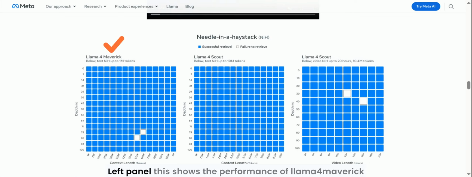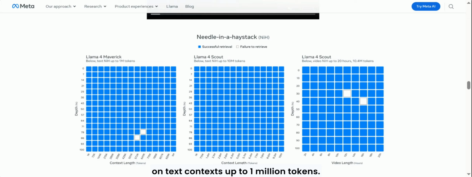Left panel: this shows the performance of LLaMA 4 Maverick on text contexts up to 1 million tokens. Middle panel: this shows LLaMA 4 Scout handling text contexts up to 10 million tokens. Right panel: this illustrates LLaMA 4 Scout on video contexts up to 20 hours, which is about 10.4 million tokens.